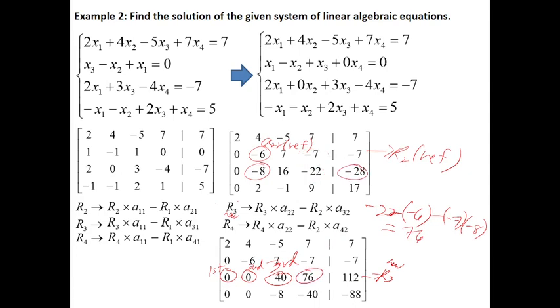Then, ito, negative 28 times negative 6 minus negative 7 times negative 8. 112 po. Okay. Any question? Wala pa po, sir.